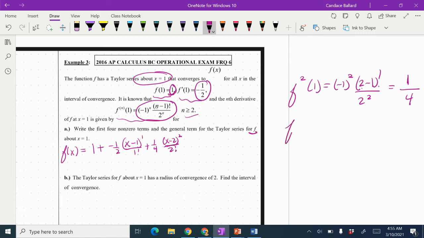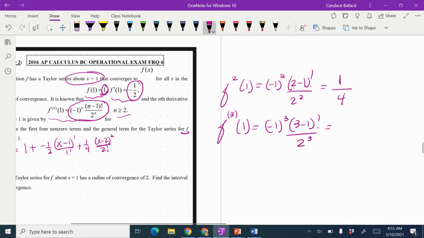And then we're going to plug in 3 because I need the first 4 non-zero terms. So the third derivative evaluated at 1 would be negative 1 cubed times 3 minus 1 factorial over 2 to the third, which is going to be negative 1, or just negative. And then 3 minus 1 is going to be 2 factorial over 2 cubed is 8.